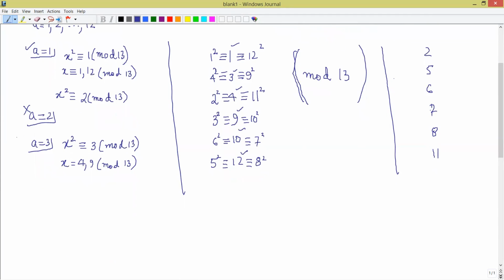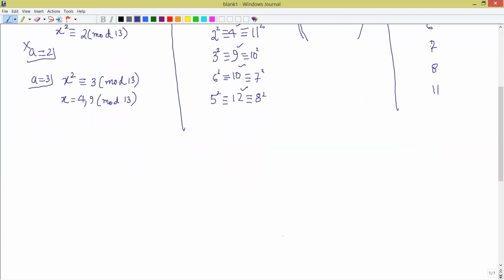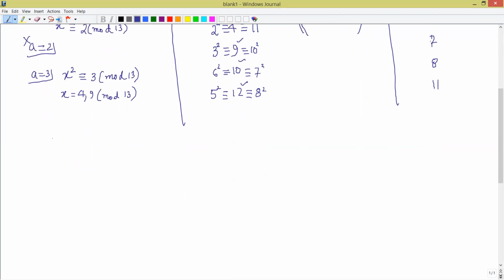And if we look at the non-zero elements of modulo 13, or Z13 star, we know that Z13 star is Z13 minus 0.